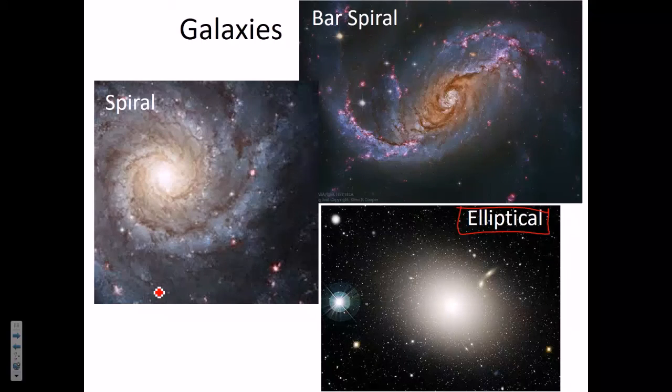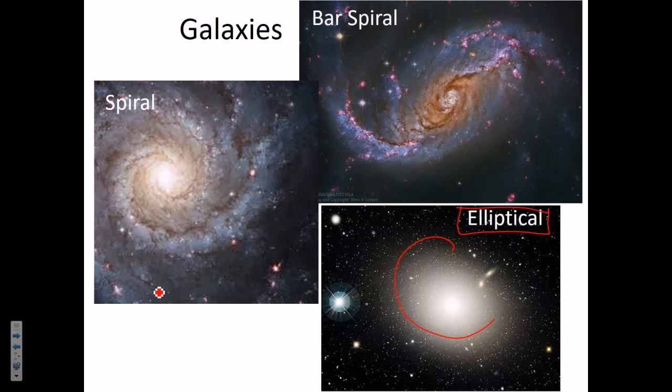There may be several varieties of these, but for right now, we're just going to use this as one classification. So much bigger and more populated with stars. They tend to be older and a little bit cooler.